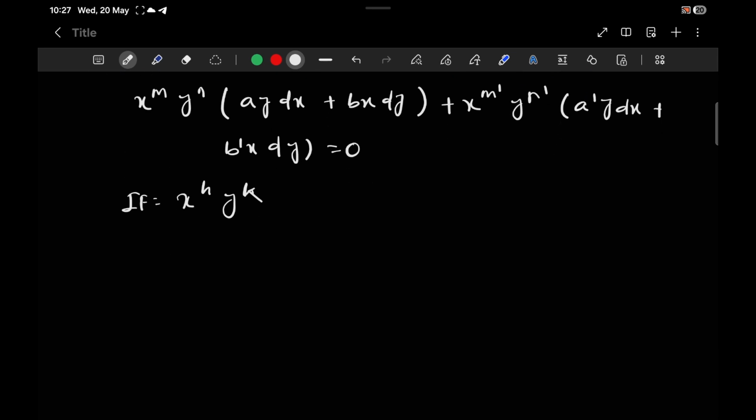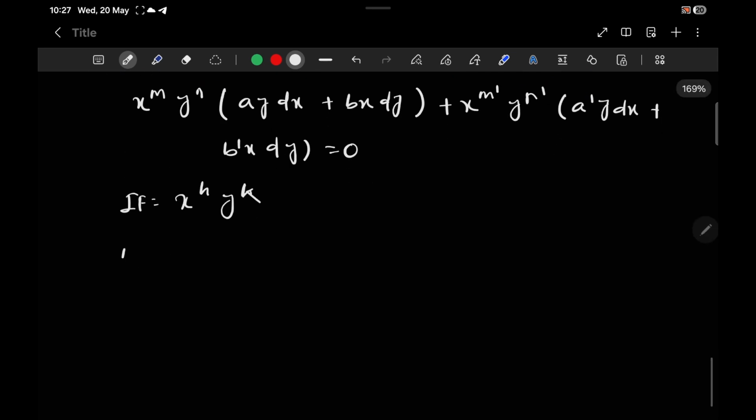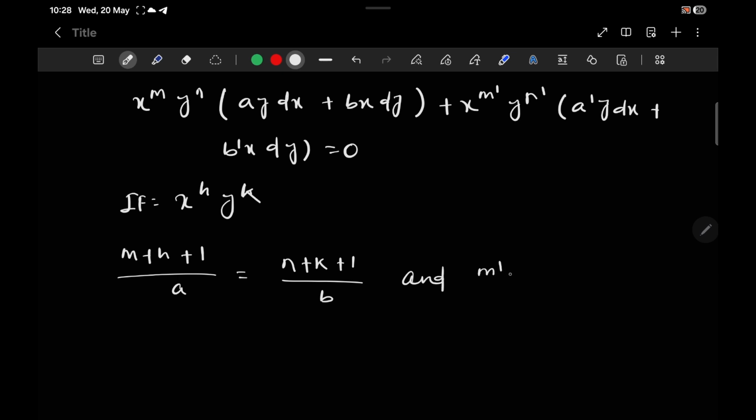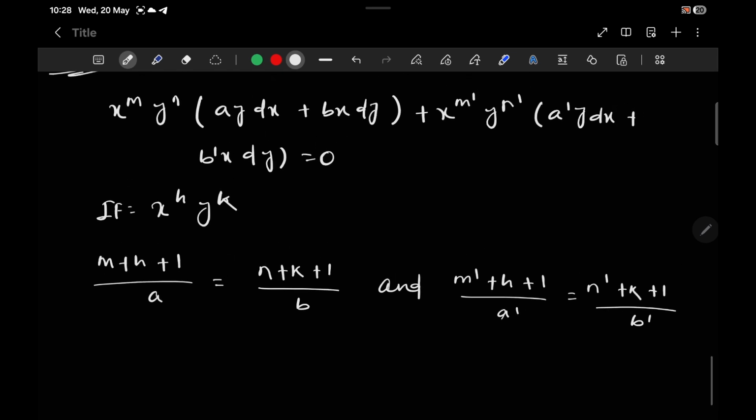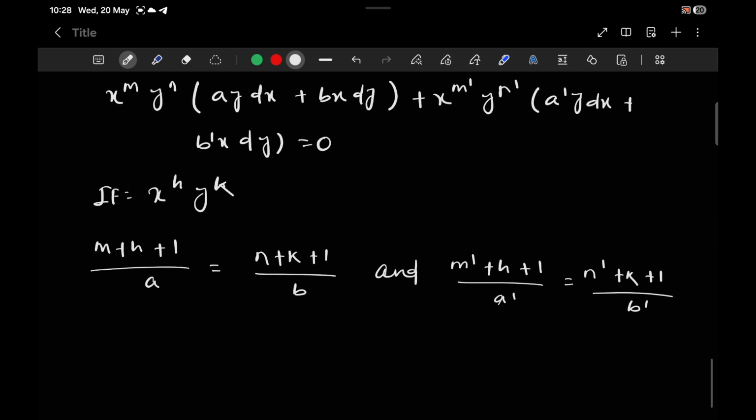And there is also a condition: m plus h plus 1 divided by a is equal to n plus k plus 1 divided by b, and m dash plus h plus 1 divided by a dash is equal to n dash plus k plus 1 divided by b dash. So we have a little big formula and condition here.